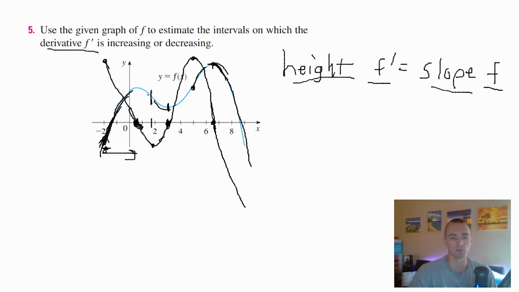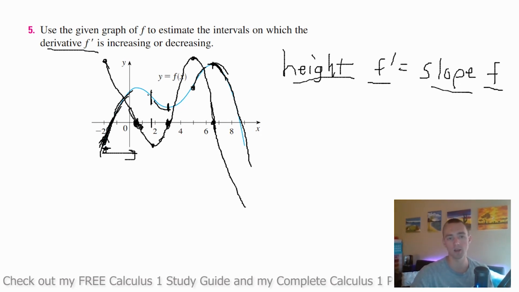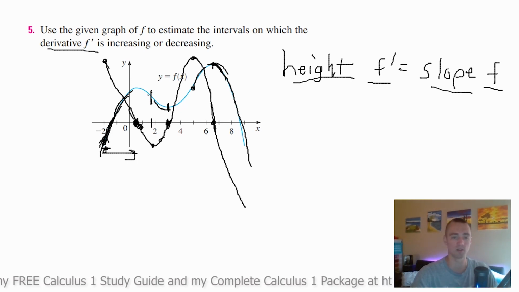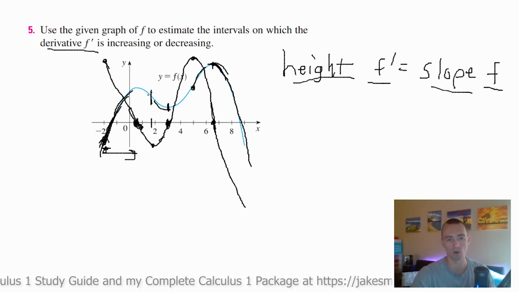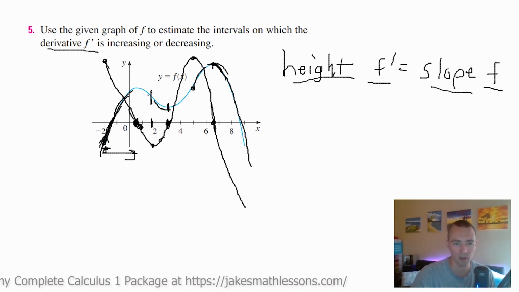Now we can see just from looking at this that the point where y prime is decreasing basically is just going to represent the interval where f goes from the biggest possible positive slope down to the biggest possible negative slope. So it's kind of curving downward. So that interval, it might be like 1.75, it might be 2.